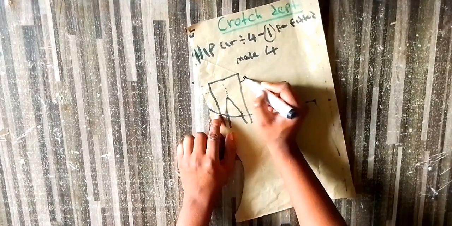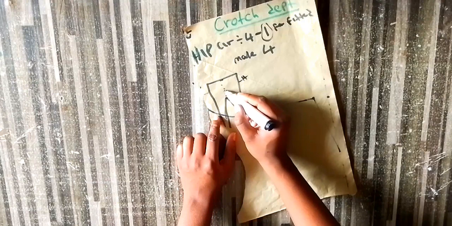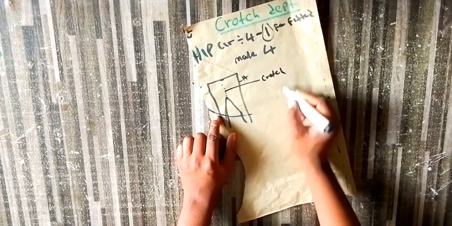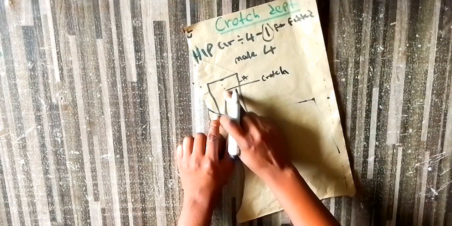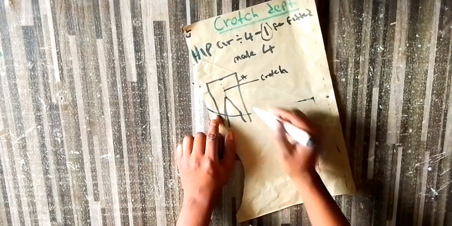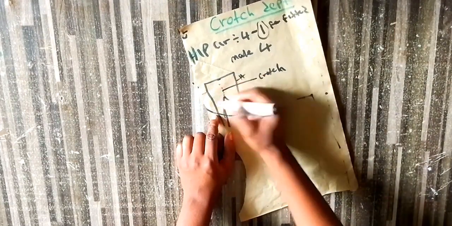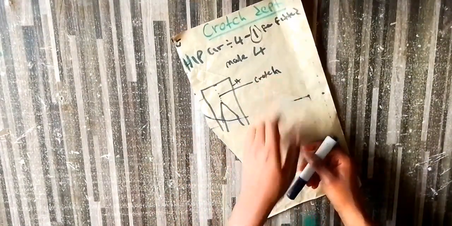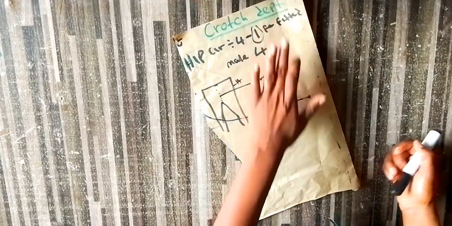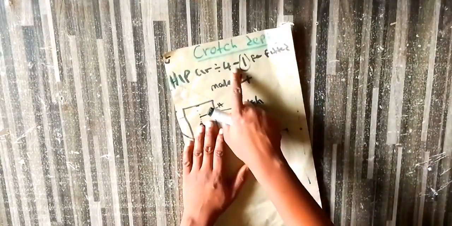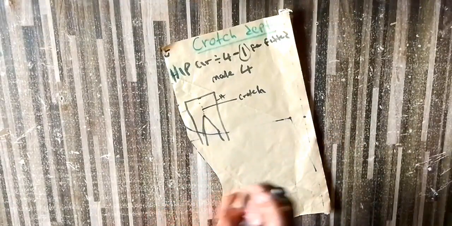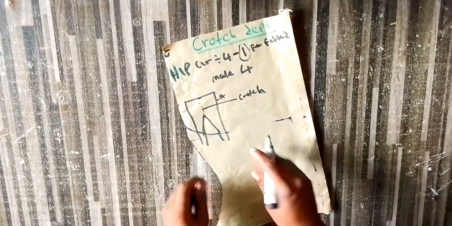Let's say this is our hip and this is our crotch. To get this crotch, you take your hip circumference. You go ahead and measure the round part of your hip or your client's hip. Whatever you get, you divide it by 4.